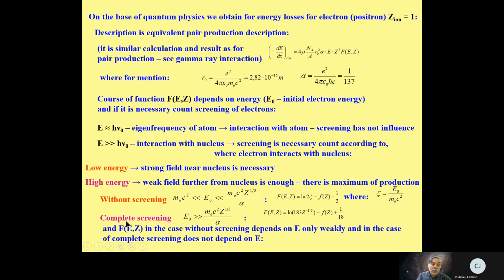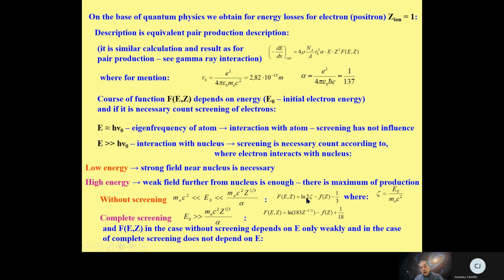Here it is complete screening, and it is possible to use the calculation with complete screening. And the results are a little different. Without screening, for lower energy, between the rest energy of the electron up to this, you will obtain this function as dependency on energy here.